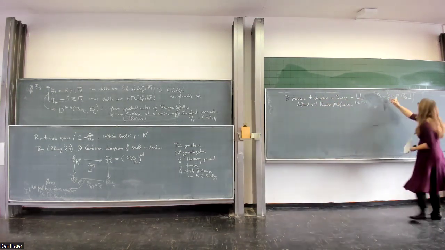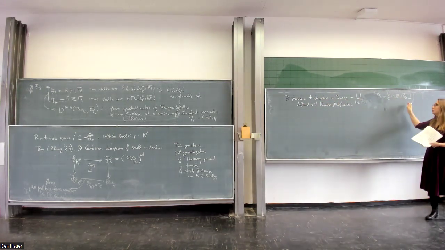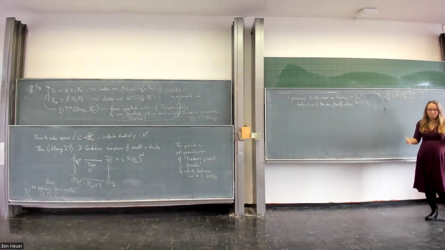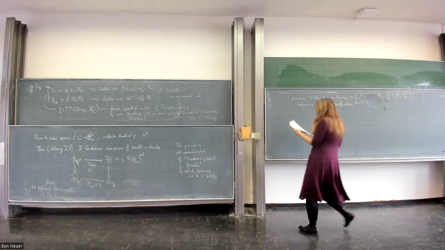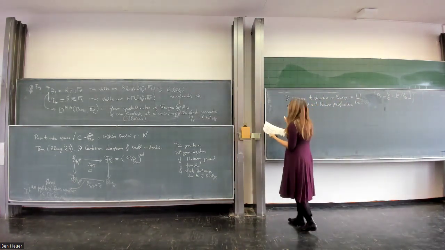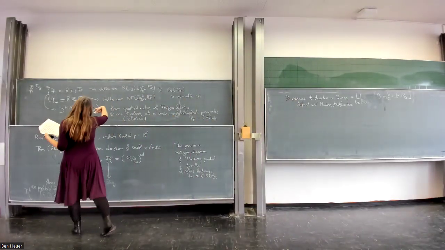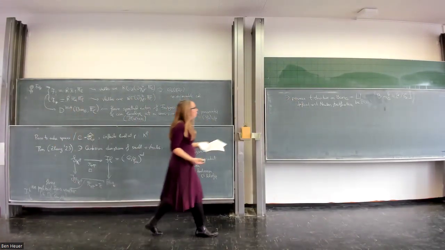Okay, so you have these strata, and you can define a perverse t-structure. Basically, you look at the dimension of these strata and you can define t-structures on each of these, and then you can glue them. And what I want to say is that these sheaves are both semi-perverse from this point of view.